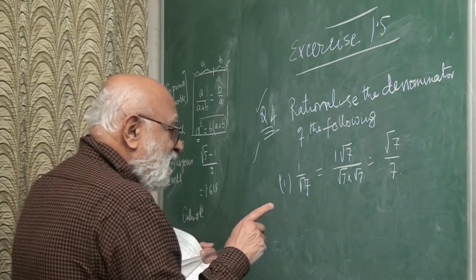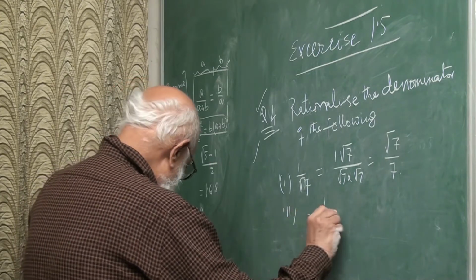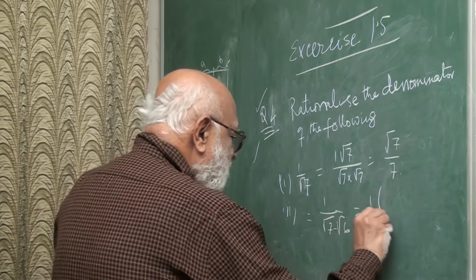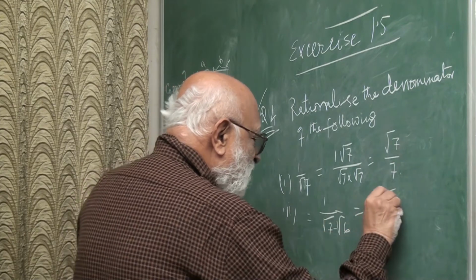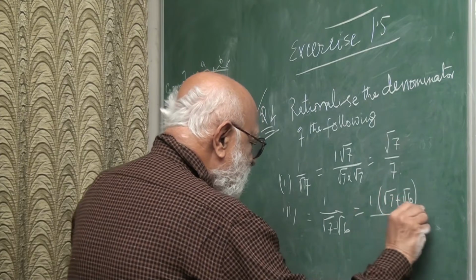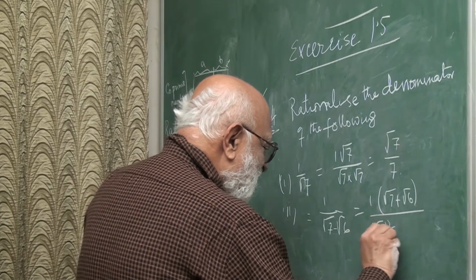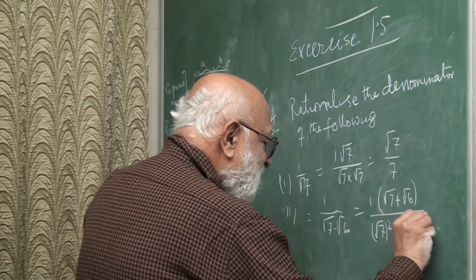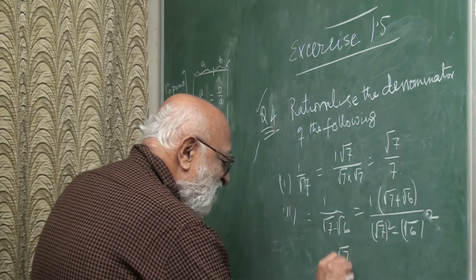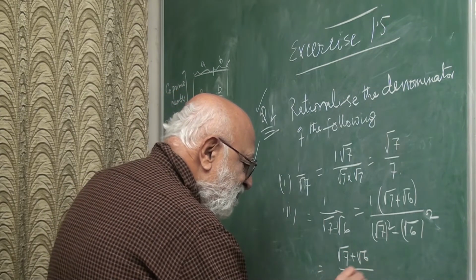Then 2 would be 1 upon root 7 minus root 6. As I have said, we multiply by root 7 plus root 6, and the denominator would be root 7 square minus root 6 square, which is 7 minus 6.